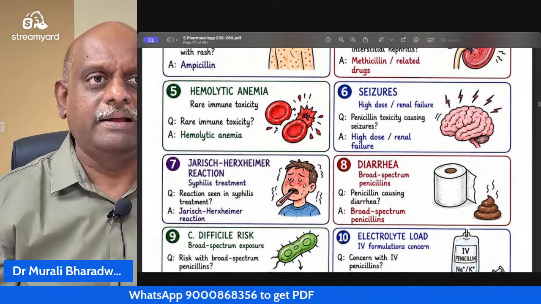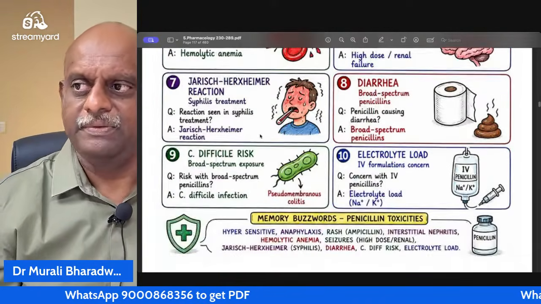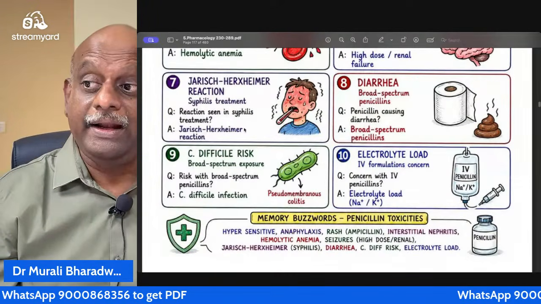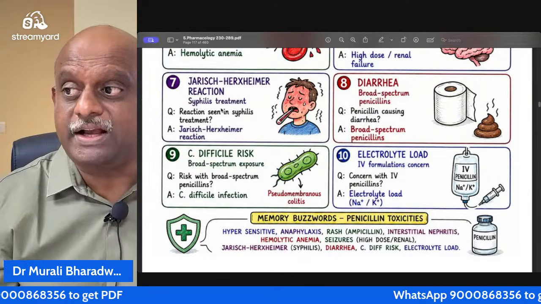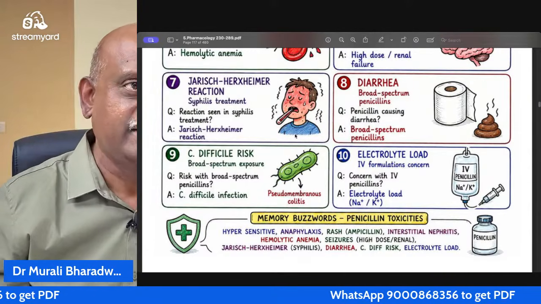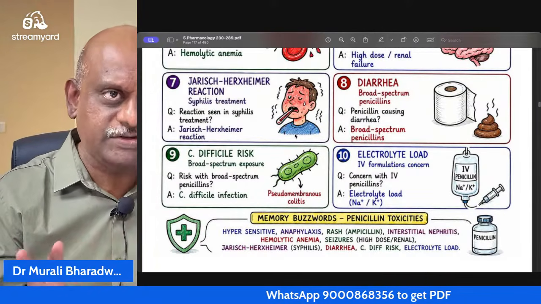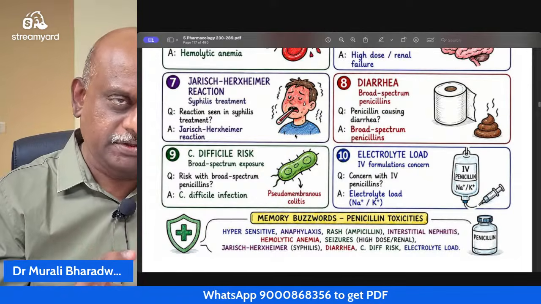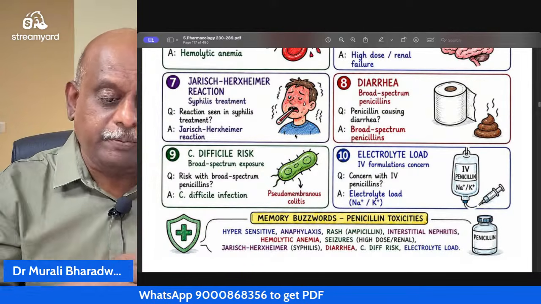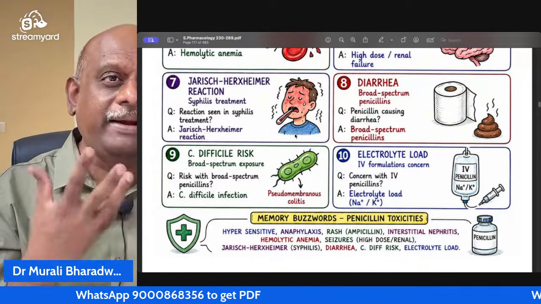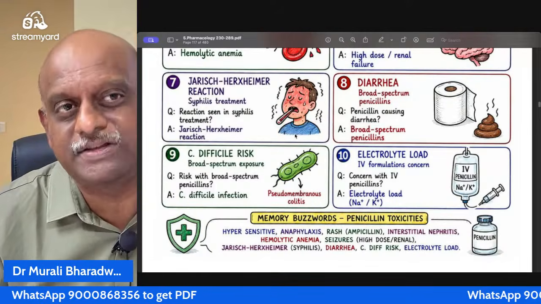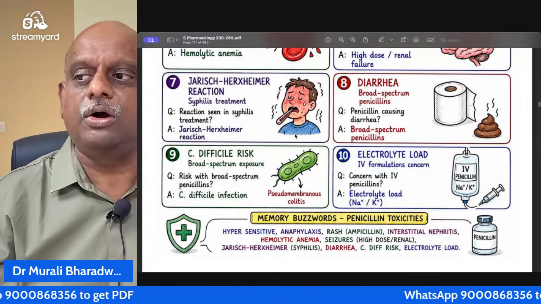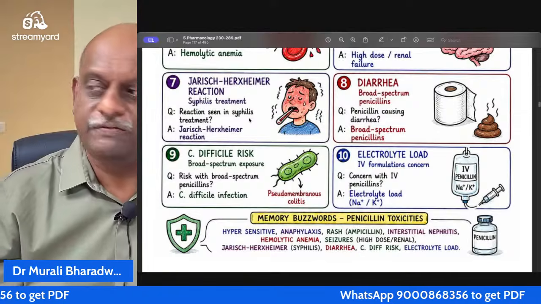Hemolytic anemia, high dose seizures. And whenever in syphilis we use penicillin, Jarisch-Herxheimer reaction can occur. Because when penicillin kills the treponemes, the treponemal antigens will elicit an inflammatory reaction, which is called Jarisch-Herxheimer reaction, commonly seen in syphilis treatment.